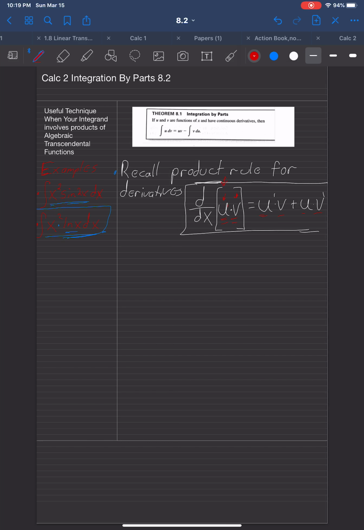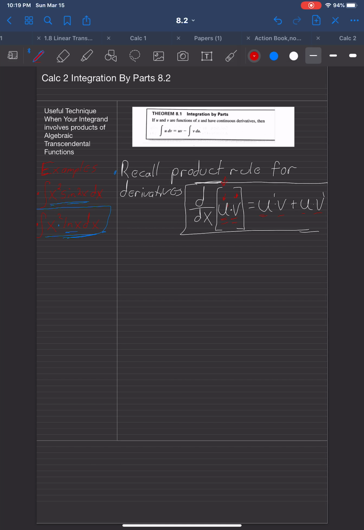Because the integrands are your derivatives, just like addition is the inverse operation of subtraction, integration and derivatives are inverse operations. So what we place inside the integral is in fact a derivative. That's what we have: the derivative with respect to x of u times v.